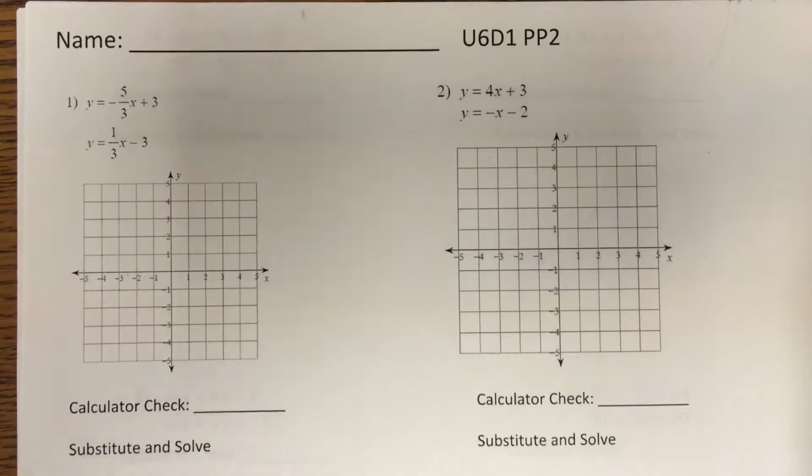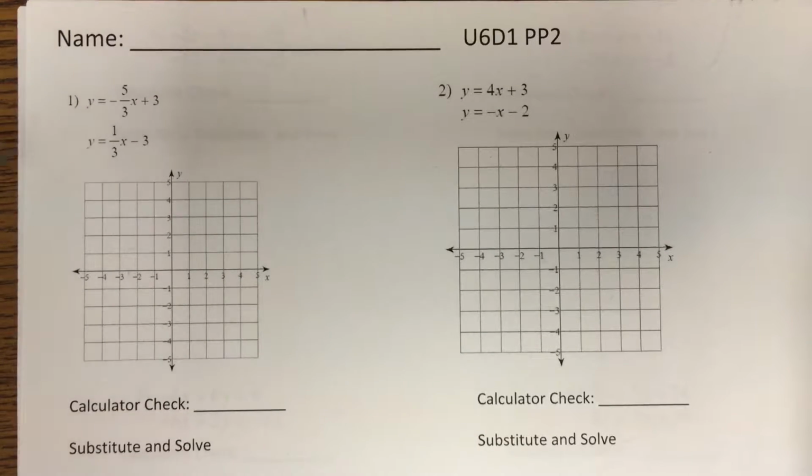Ladies and gentlemen, we are going to be talking about systems in unit 6, systems of linear equations and systems of inequalities. All a system is, is two or more lines that are related to each other, or two or more inequalities that are related to each other.